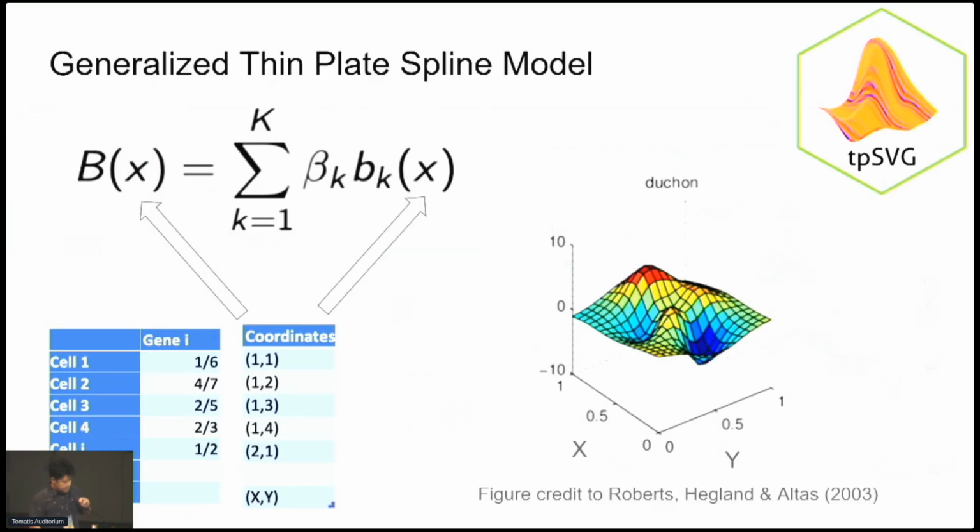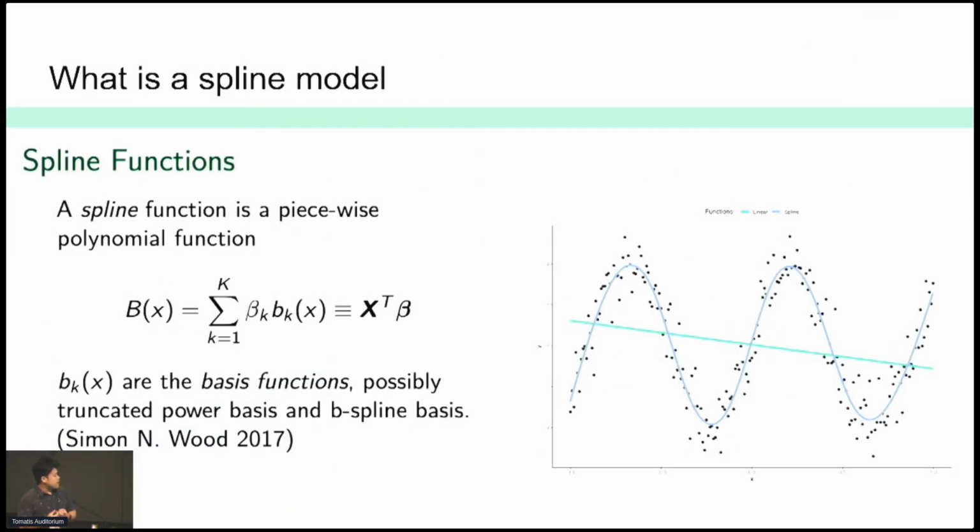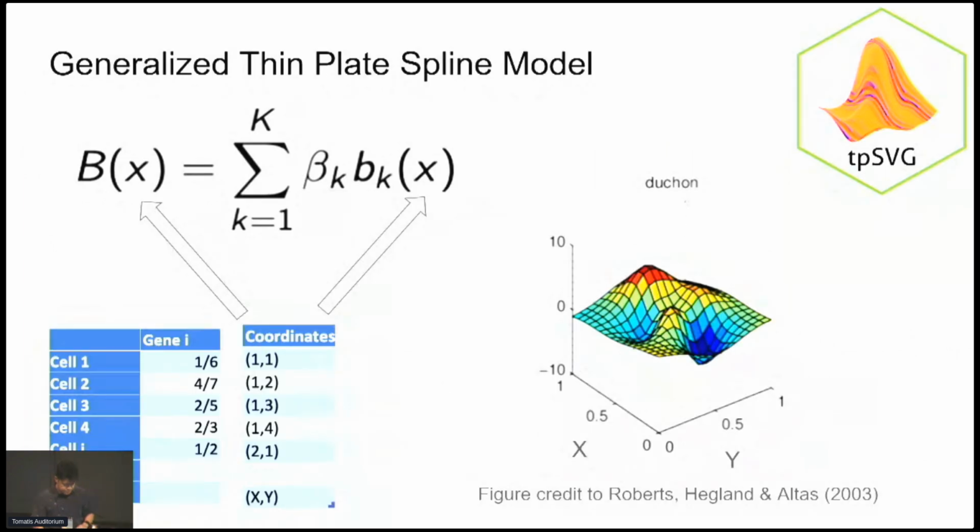The nice thing is that you can formulate it as a linear combination and feed it back into the generalized linear model framework, which we know is very scalable. So the basic idea is we put spatial coordinates into this spline format, and then use that to model the counts or normalized counts.